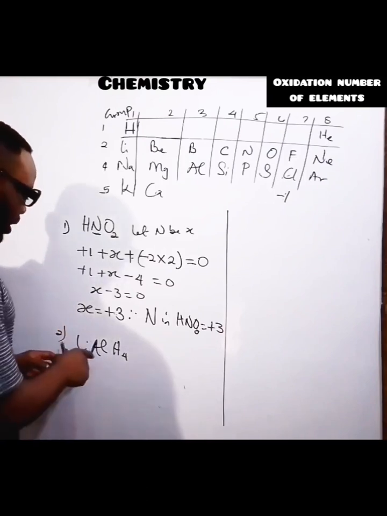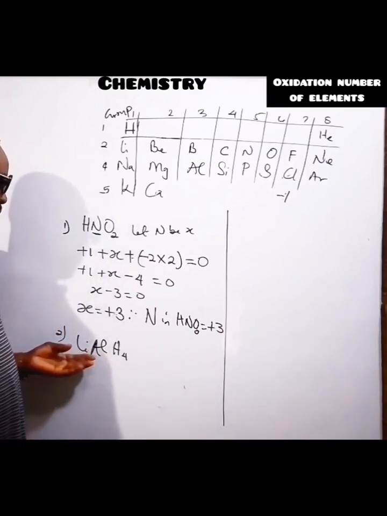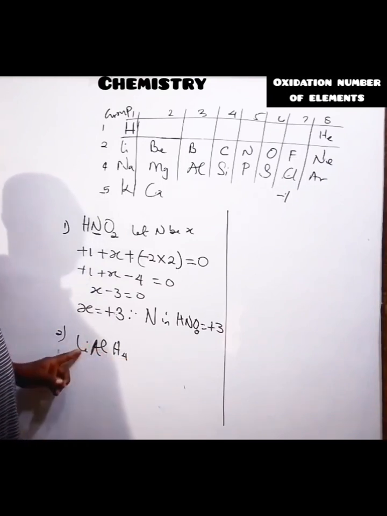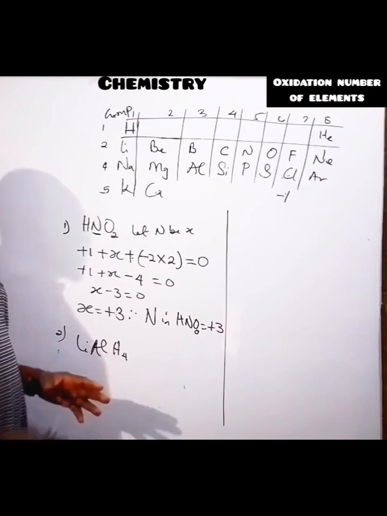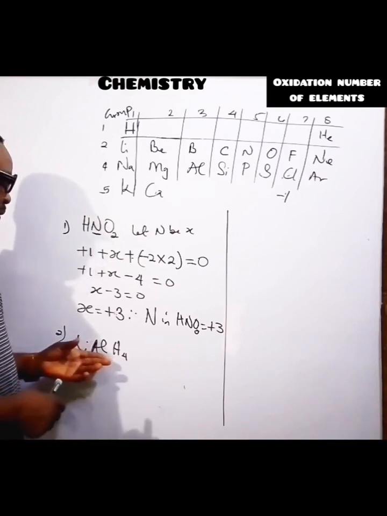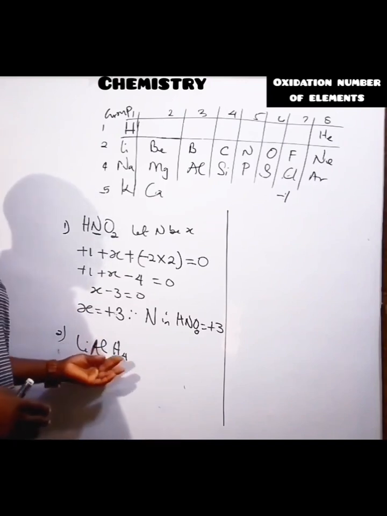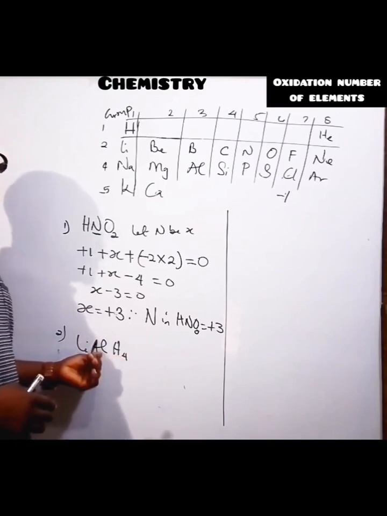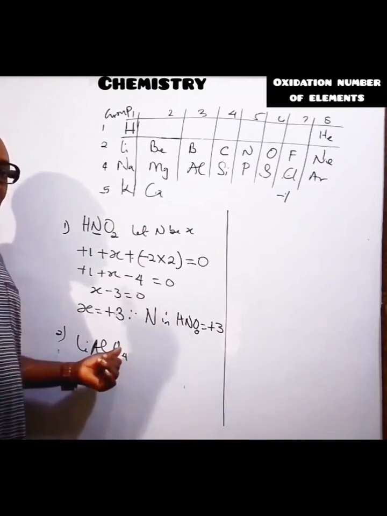Look at the atoms that you find here. Lithium is a metal, aluminium is a metal, hydrogen is found in group 1 as well. Don't forget, we said earlier that when hydrogen combines with metals, its oxidation number will be equal to -1.